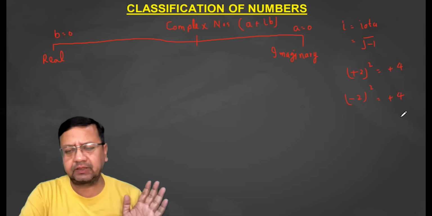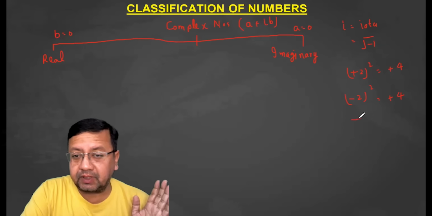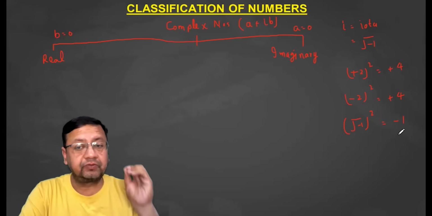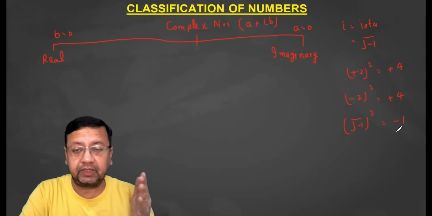This is a general understanding we have. But if I talk about under root of minus 1 whole square, what are you getting? Minus 1, right?